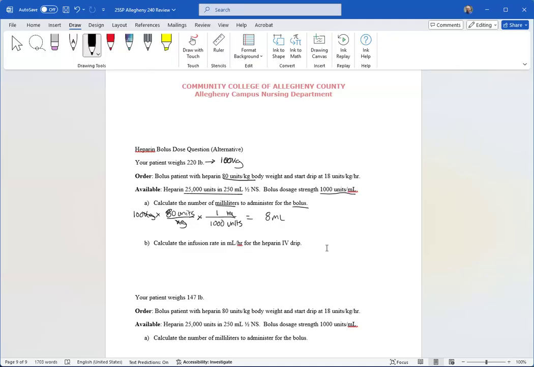So yeah, this is all you're looking for. You're just looking for what's the order, what's the available, for both the infusion and the bolus, and then just practice, practice, practice.